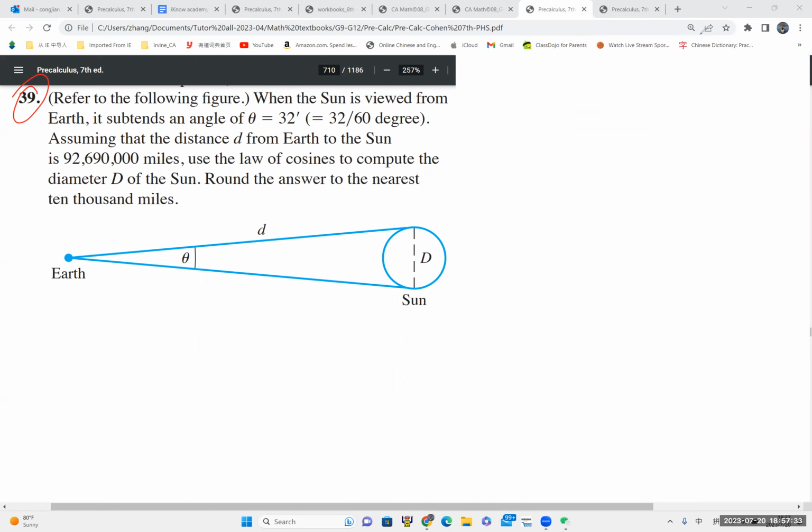Use the law of cosine to compute the diameter d of the sun. After this, we'll go to a problem using law of sine.